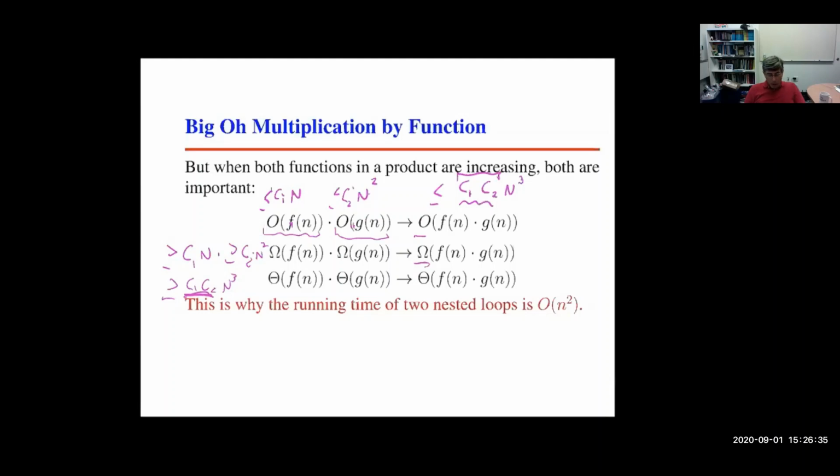This is why, when we're analyzing algorithms with nested loops, for i goes from 1 to n, and for j goes from 1 to n, this inner loop, okay, what is going on here? Let's say we're going to type x equals x plus 1. Let's say that's your algorithm.